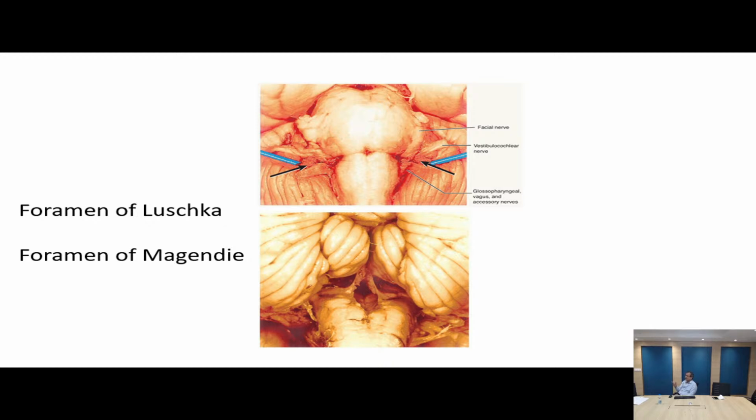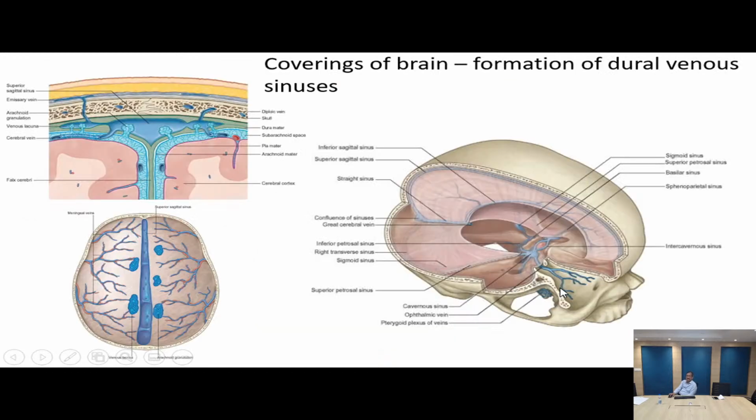So if there is a block, that is a serious event, and we call it internal hydrocephalus, because the communication from the internal aspect of the brain to the outer aspect has been stopped. So you must understand what hydrocephalus is, and you must also understand the circulation of the CSF.